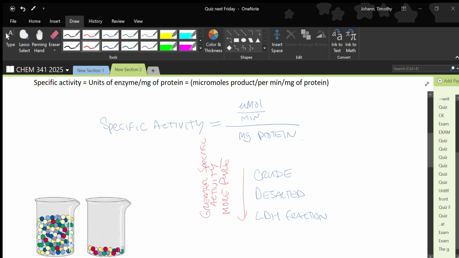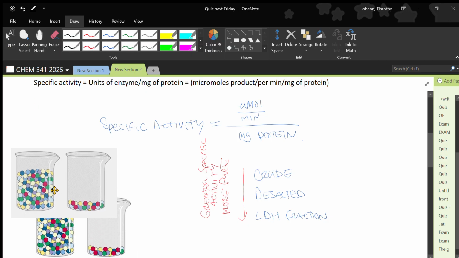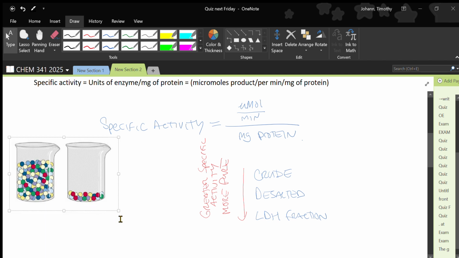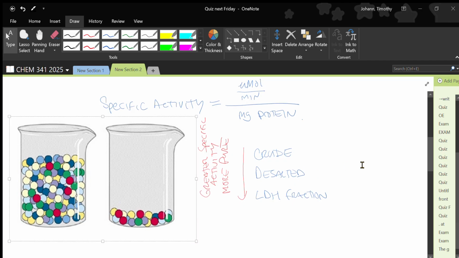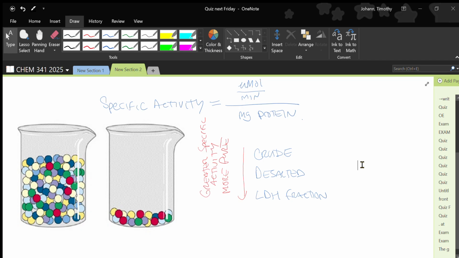One way of thinking about this is in terms of a picture, this right here. I like this picture. This one is from a different book, I think, than yours. This is perhaps our crude, where red is the lactate dehydrogenase.